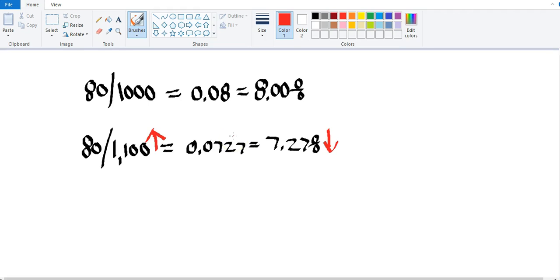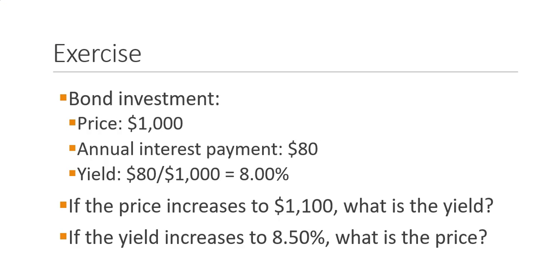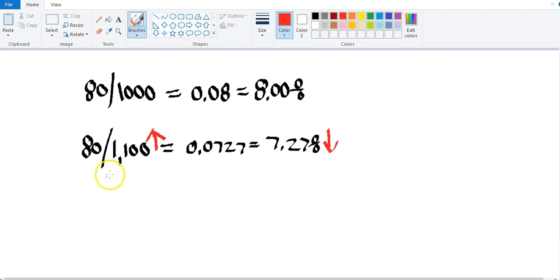Now I want you to take a moment and see if you can think about what math to do to answer the final question, which is a bit more challenging mathematically. If the yield increases to 8.50%, what is the price? Looking at our board, what numbers do we have? We have the number 80.